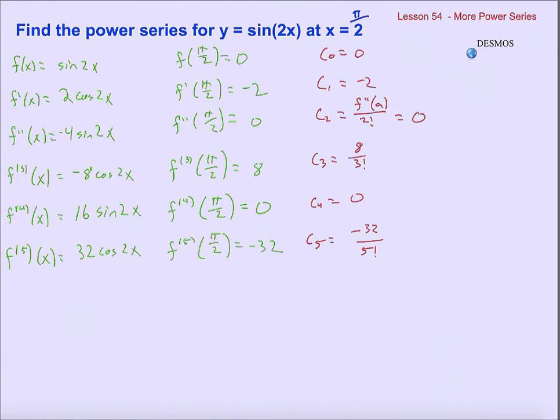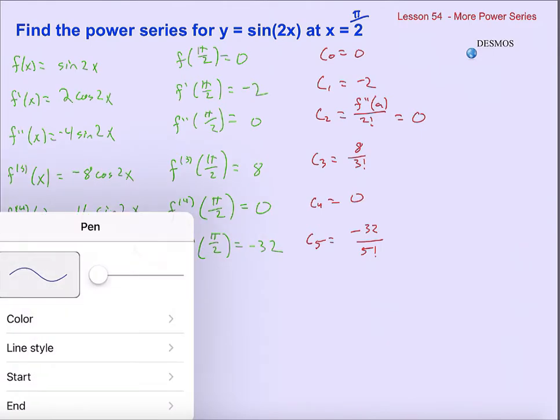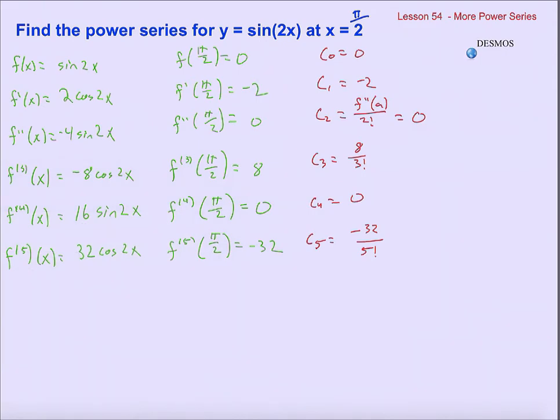And so we can turn those into our Taylor polynomials simply by putting the x minus a attached to every coefficient. Now, I don't need to worry about it for the C0 because that's 0. But the first term is negative 2 times x minus pi over 2 to the first power. Then I'm going to skip the quadratic term because C2 is 0, plus 8 over 3 factorial times x minus pi over 2 to the third.